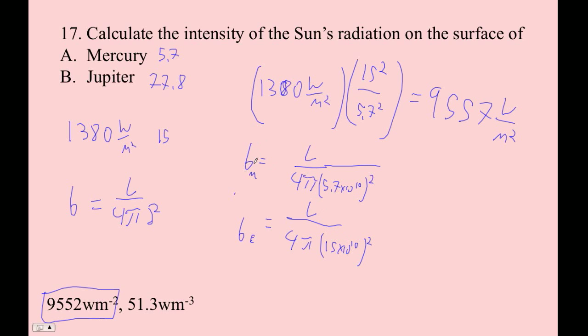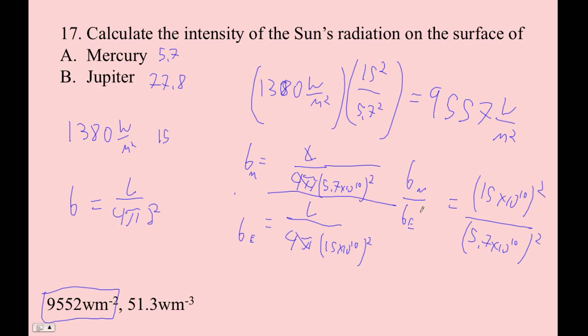If we divide BM by BE, all this cancels. So B of M divided by B of E ends up being 15 times 10 to the 10th, squared, divided by 5.7 times 10 to the 10th, squared.